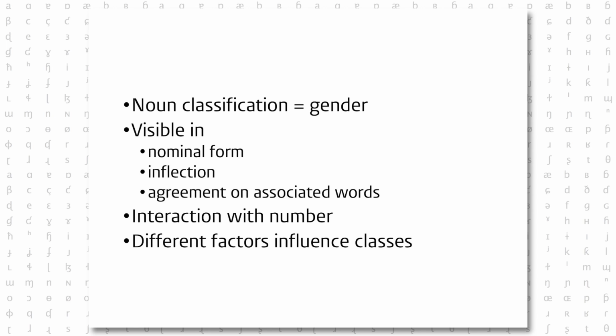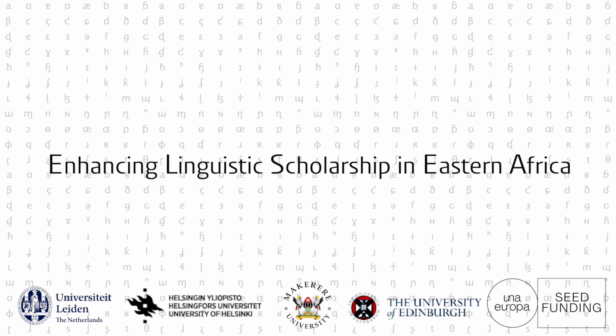We also saw an interaction with the grammatical number, and we learned that sex, animacy, individuation, and size are factors that can influence the classification. Studying how languages classify their nouns helps us to understand how human beings categorize in general. So, we finish this video by encouraging you to investigate and describe noun classification in other languages. Good luck.